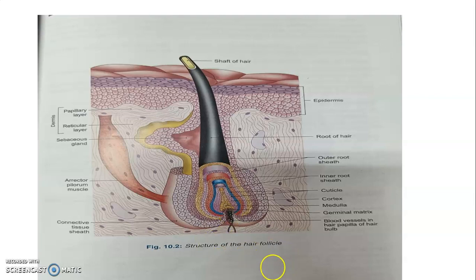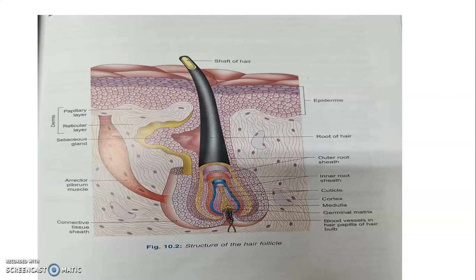Thus, the root is the part of hair that is inside the skin, and the hair shaft is protruding beyond the level of the epidermis. So the part that is in the skin is the root, and above the skin or epidermis it is the hair shaft.